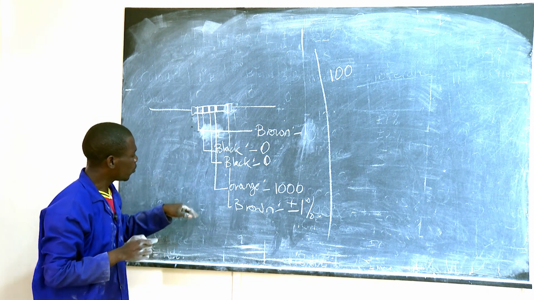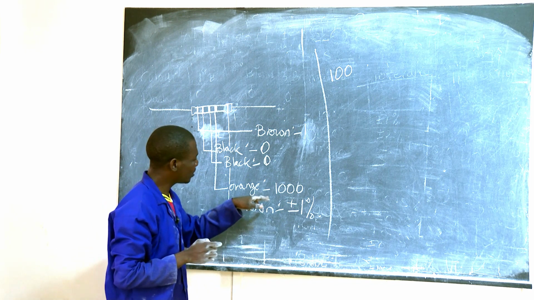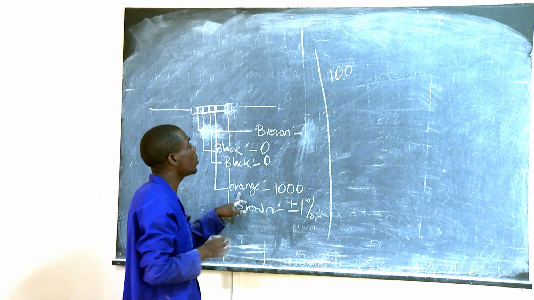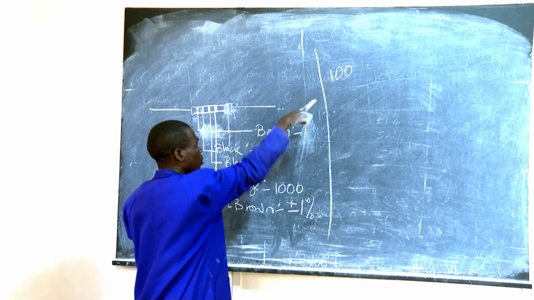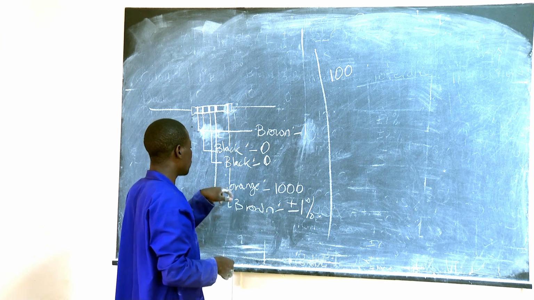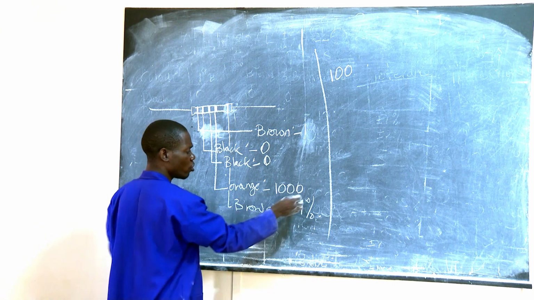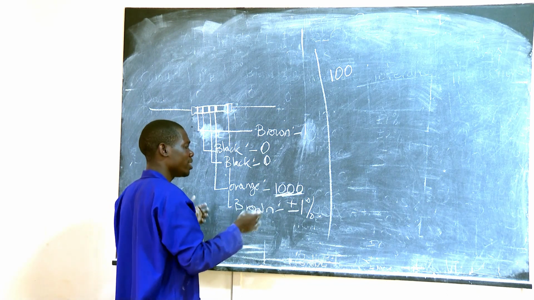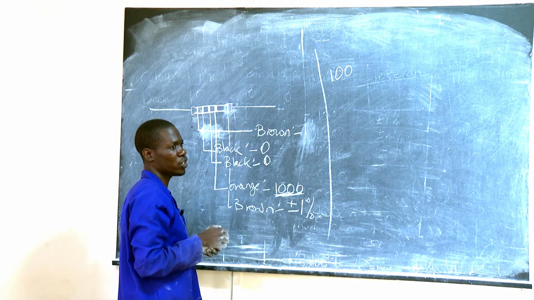Then after that, in the multiplier, we are having orange, which is 1,000. So what do I mean by multiplier? A multiplier means you multiply with the other value you have.